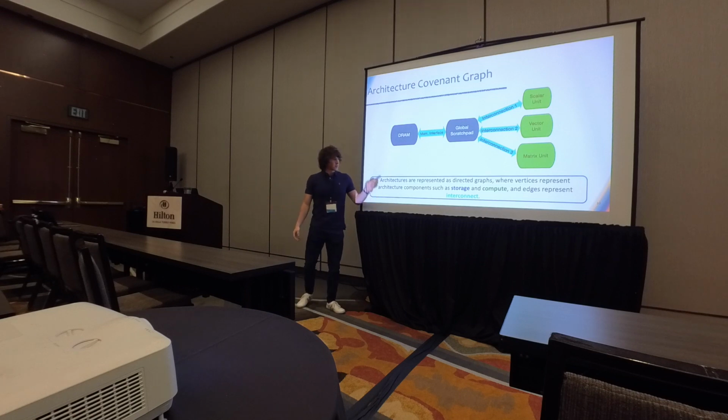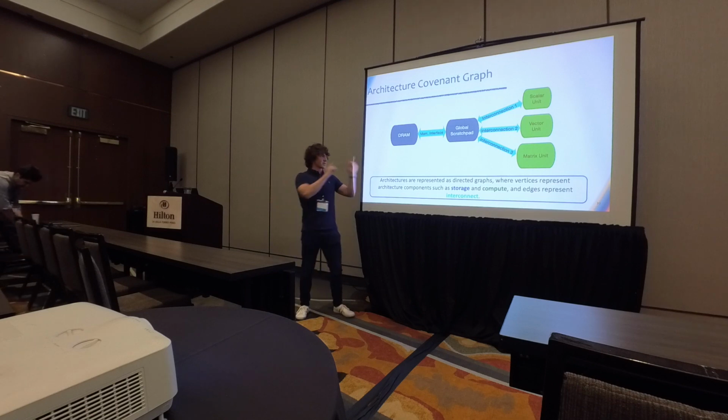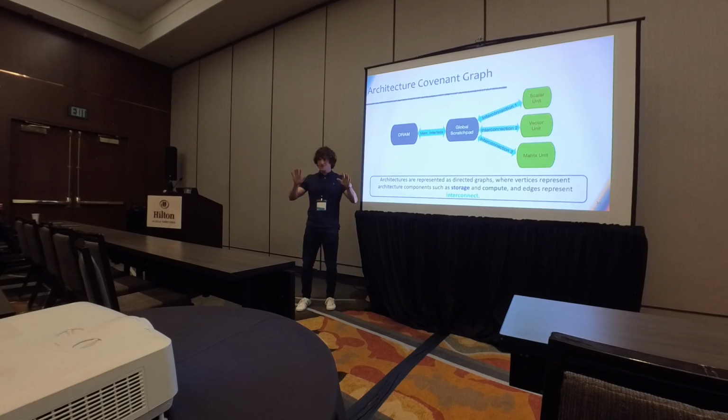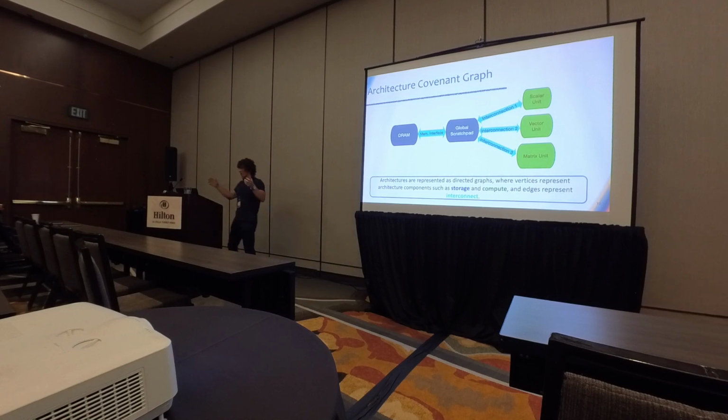In this graph, the vertices are either memories or compute units, and the edges are the interconnections, which can go in both directions. This gives us a very high-level topology of our architecture that we can use to schedule these high-level algorithms across it.